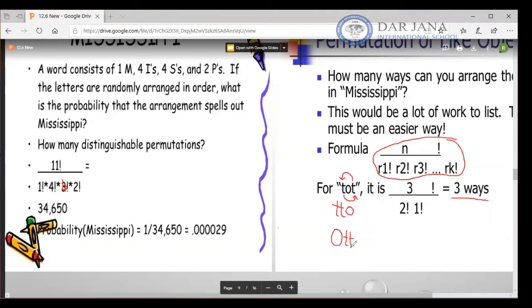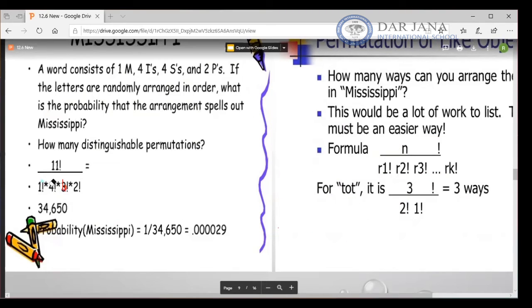We are removing those. So instead of having 6 ways, I'm removing the repetitions that will give me the same pronunciation. And here, if you shuffle the T's, won't you have the same spelling? Yes, you will. That's why it's n factorial over the factorial of every repeated letter, or the repetition of every letter. Hopefully it's clear.